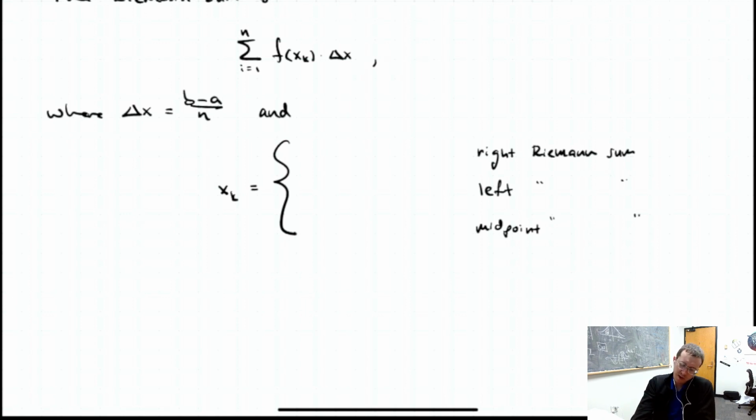For a right Riemann sum, this is going to be a plus i times delta x.